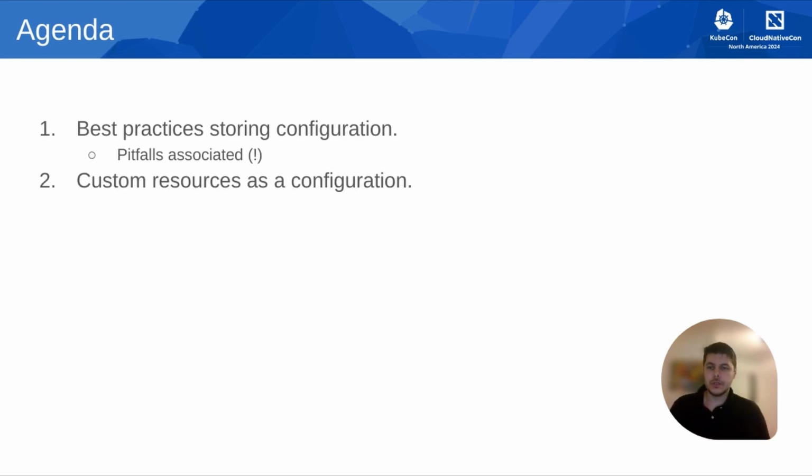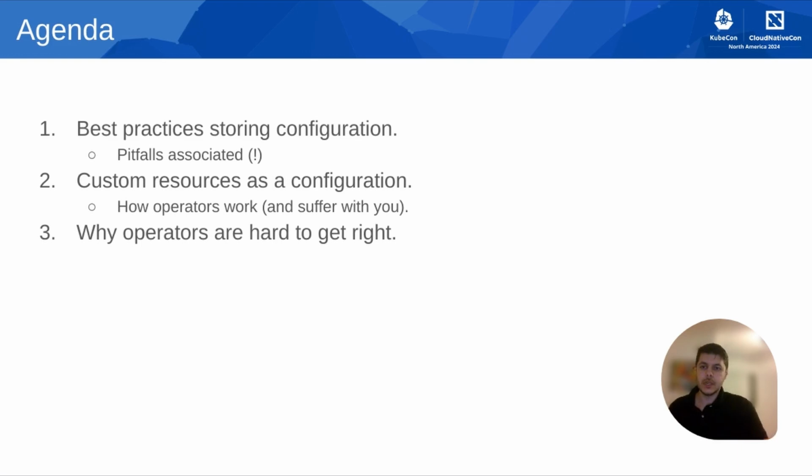And then I'll go into custom resources as a configuration. Let me give you a spoiler alert: they are not easy to get right. They typically are operated by an operator, and those things have their own little pitfalls. So I'll be talking about that. And finally, I will give some advice on what we can possibly do about it.